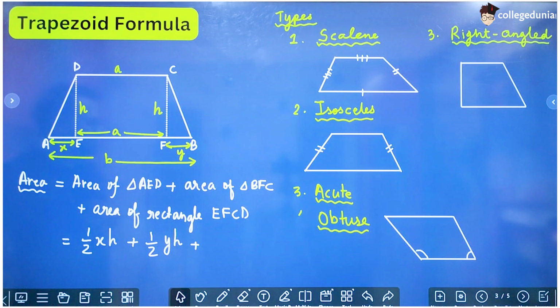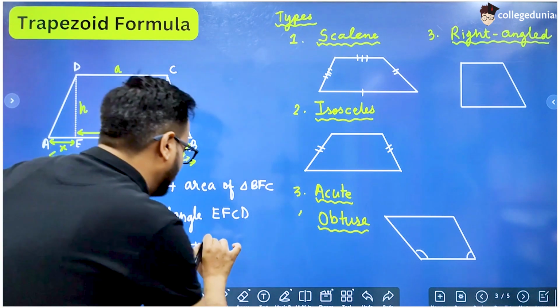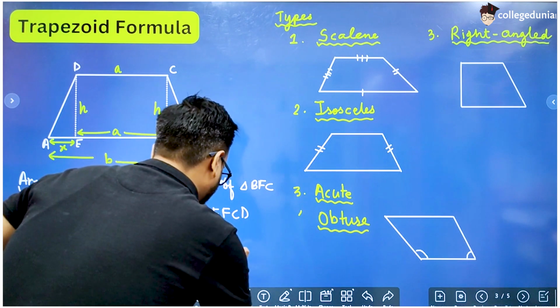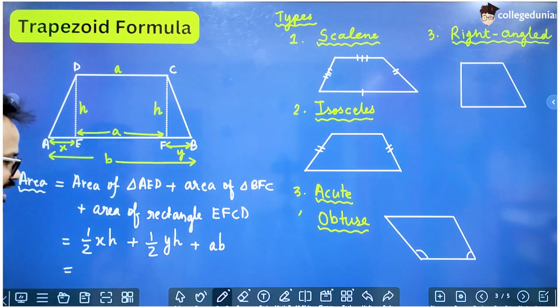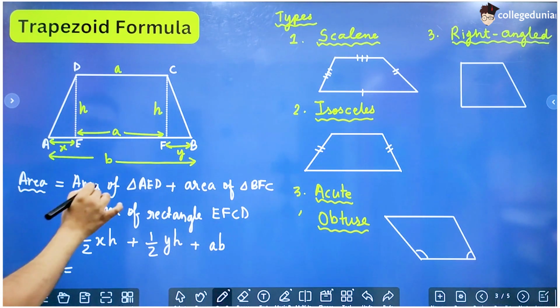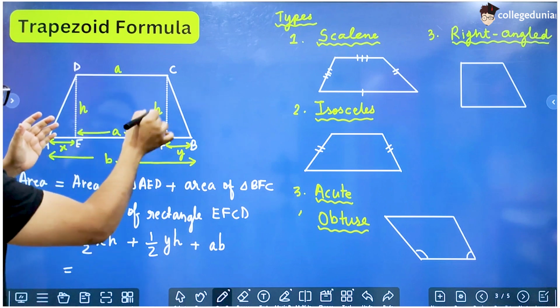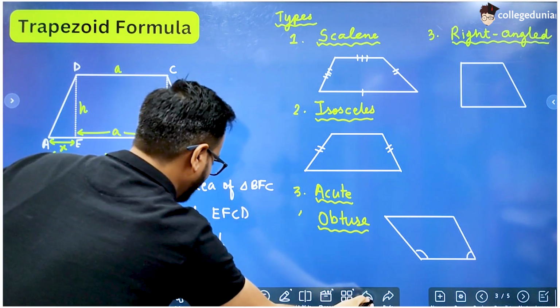Area of a rectangle is length into breadth. So it is a into h. The area of this rectangle is a into h.